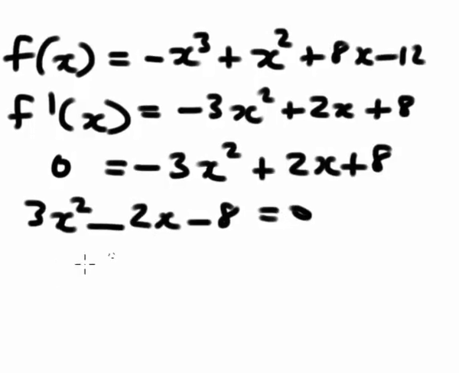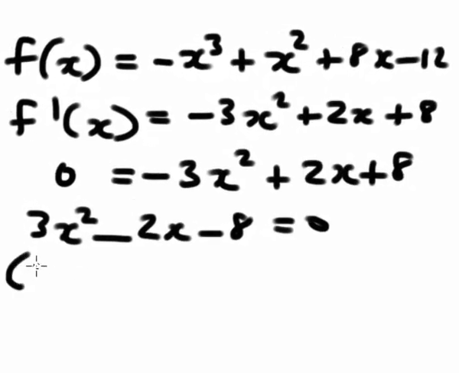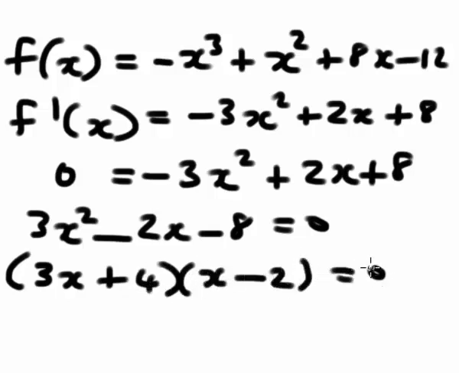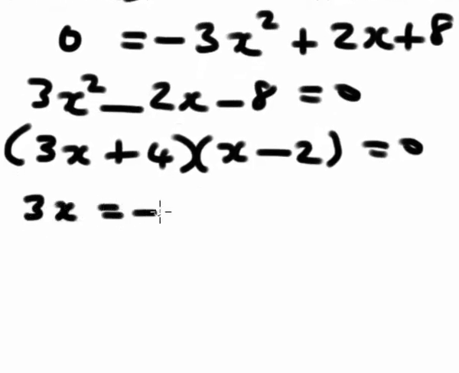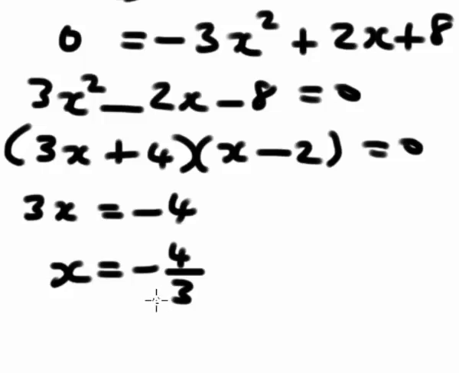Okay, let's factorize this. It gives me 3x plus 4, I think it is, and then x minus 2. Let's just check that. 3x squared minus 8, 4x minus 6x is negative 2. So we have 3x is equal to negative 4, x is negative 4 over 3. That's a horrible turning point x value, or x equals 2.